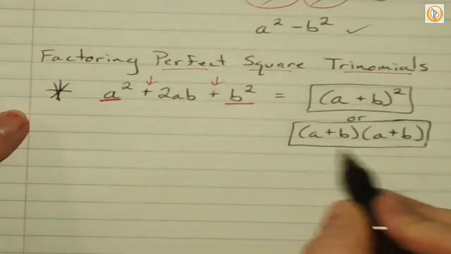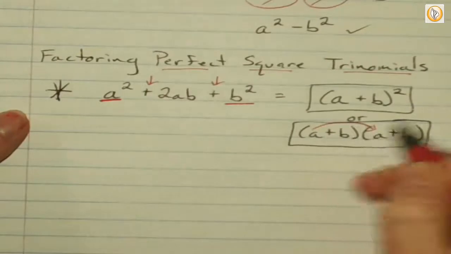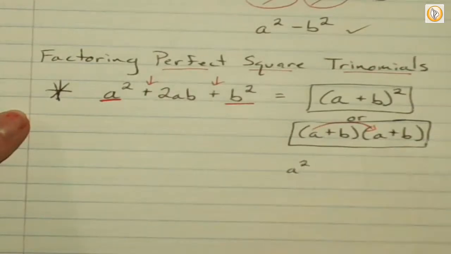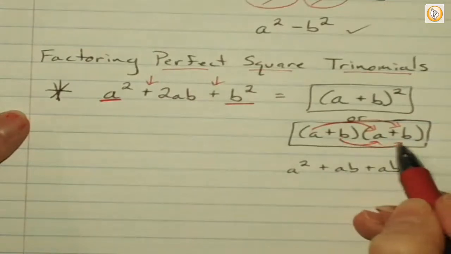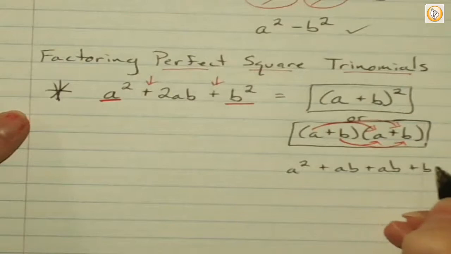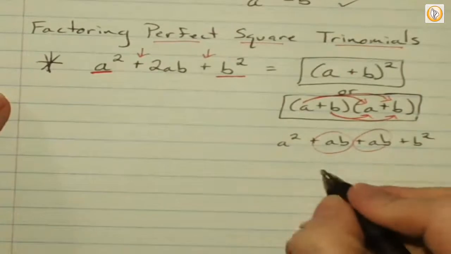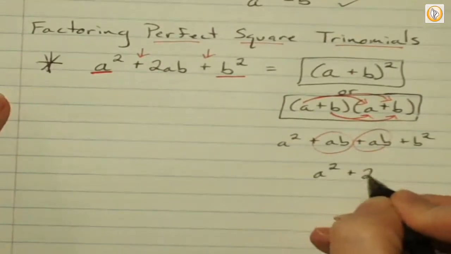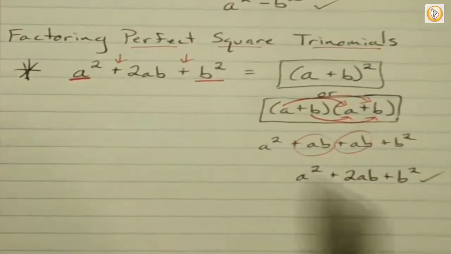So if I have this right here, and I multiply, I get a squared plus ab, multiply that, plus ab, plus b squared, and then I combine my like terms, and I get a squared plus 2ab plus b squared. So it checks. So it doesn't matter.